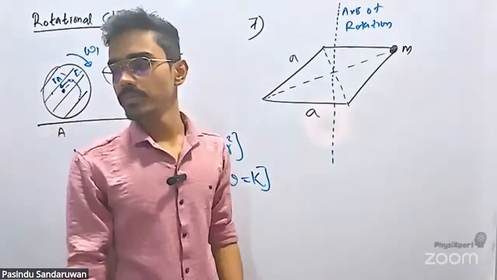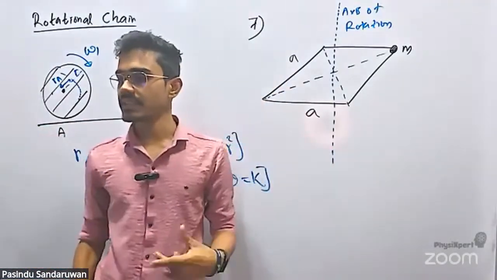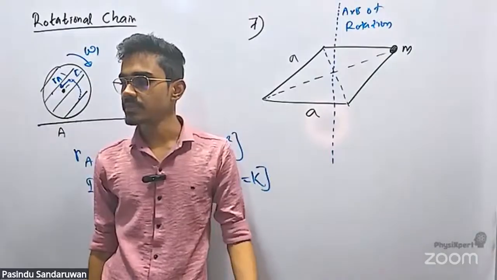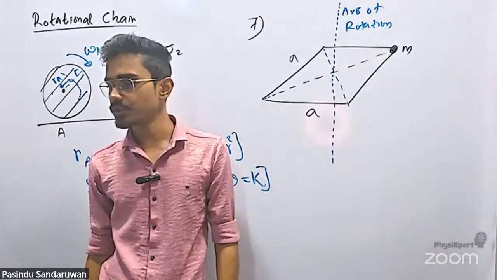The combined object is made of a plate of side length a and a small particle, mass m, attached to one vertex as shown.